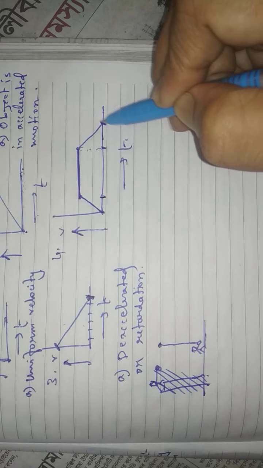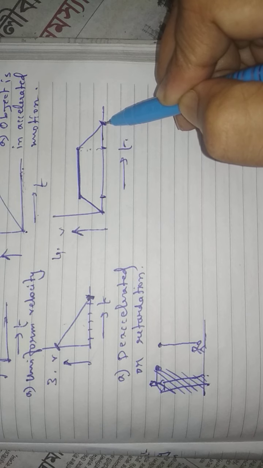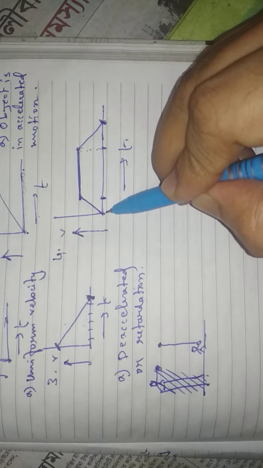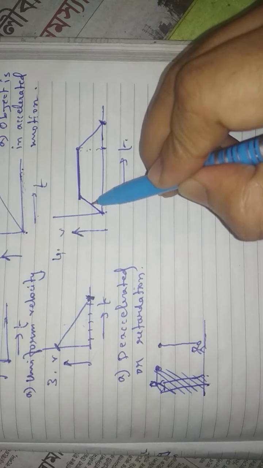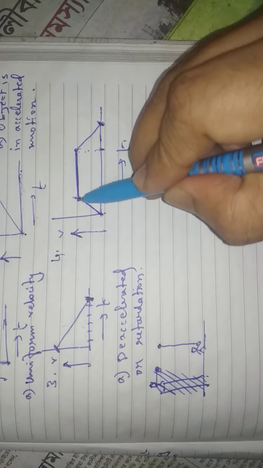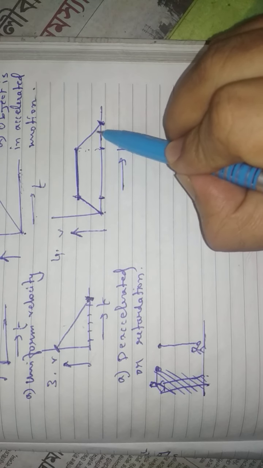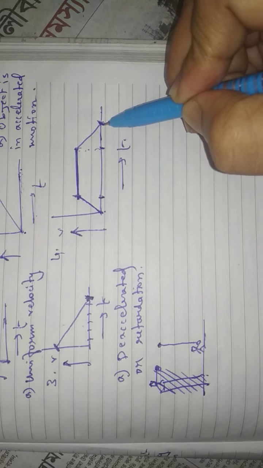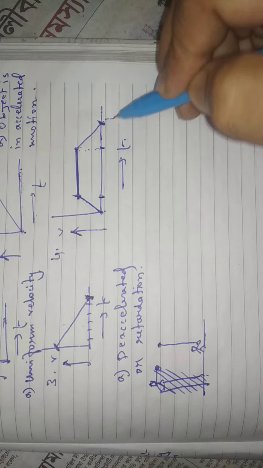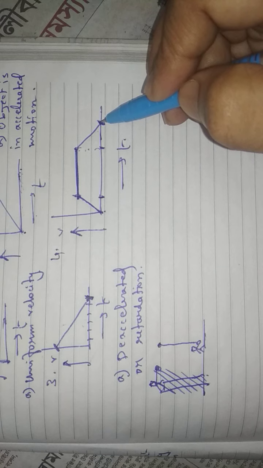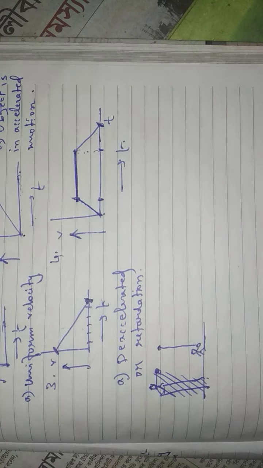So after time t, the velocity is 0. The object started from 0 velocity, then it gained some velocity, then it maintained that velocity, and then again there was a retardation, and at the final time t, its velocity is 0. So this is all about the velocity versus time graph.